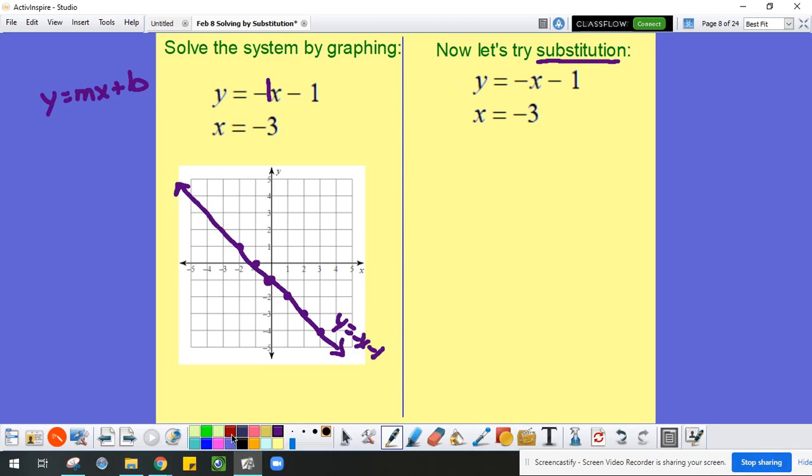Then I have a second equation, x equals -3. That is not in the form of y equals mx plus b. Remember, if you have an equation with x and no y, then it does not touch the y-axis. This is telling you this line only touches the x-axis, at -3, and it's not going to touch y.